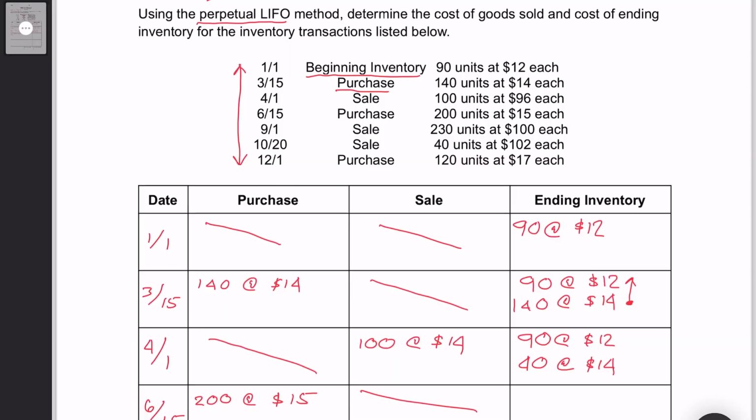And now, again, we're going to keep this in order. The newest items are going to go at the bottom. So we've got our 90 units at $12. We've still got 40 units at $14. And now I've got 200 units at $15.